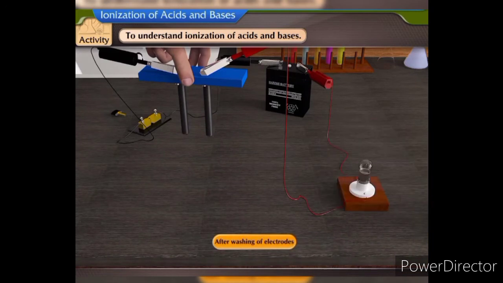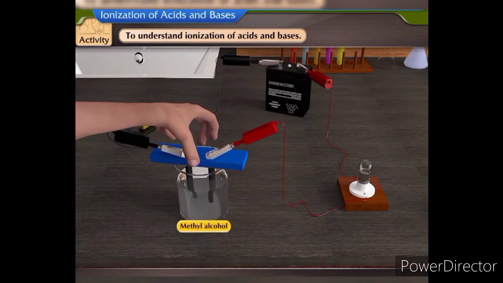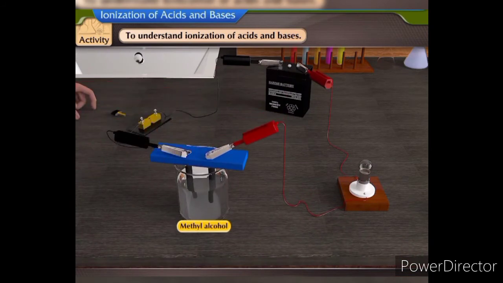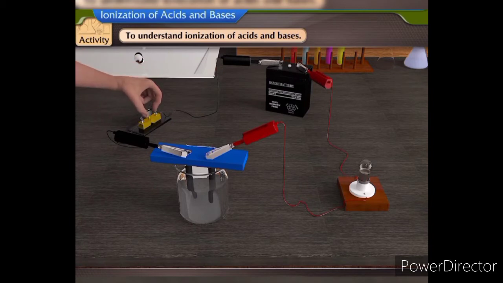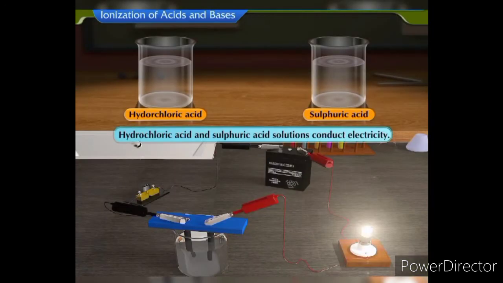Now take methyl alcohol solution in the beaker. Does the bulb glow? No, it does not. Glowing of bulb indicates that hydrochloric acid and sulfuric acid solution conduct electricity.